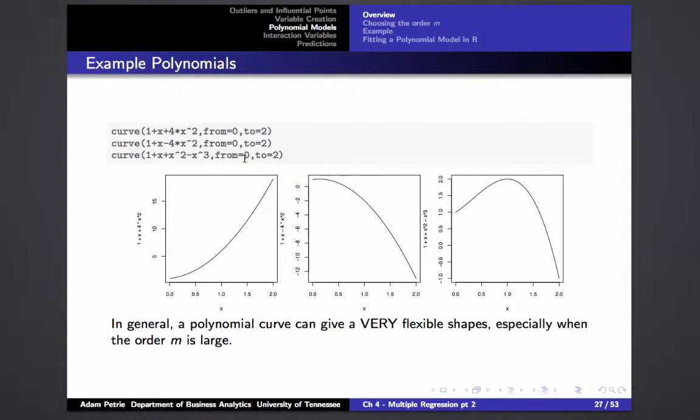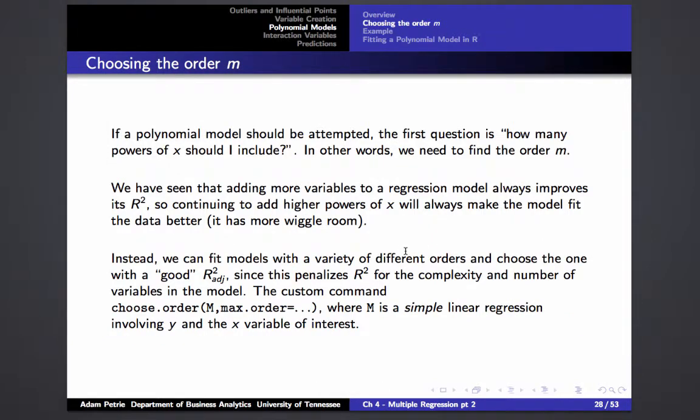So as you can imagine, based on what the coefficients of the powers of x are and how many powers of x I include, I can actually get a very flexible shape for what the relationship between y and x might actually be. So when we see some sort of curvature in the predictor versus residuals plots, we can apply a polynomial model to try to fix that.